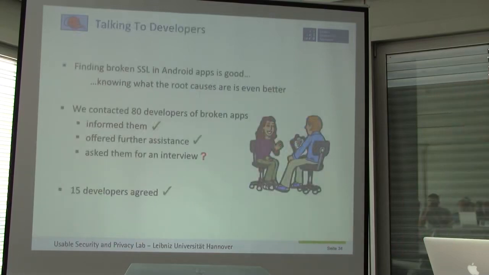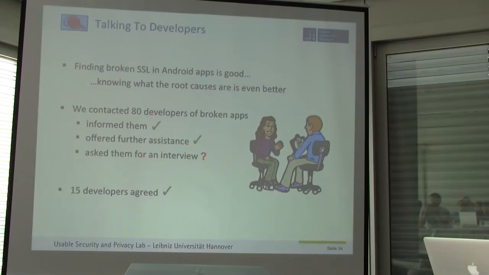So we then kind of sat down and said, this is such a widespread problem. When we're trying to hunt down the causes of this, just finding apps which are broken is fun in a way and does help, but it will not eliminate the root causes of why things are going wrong.